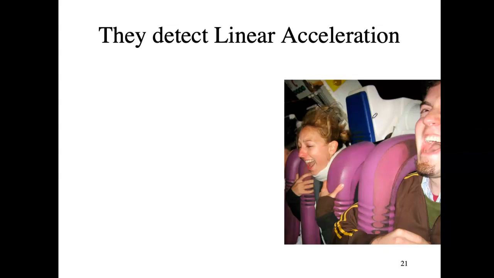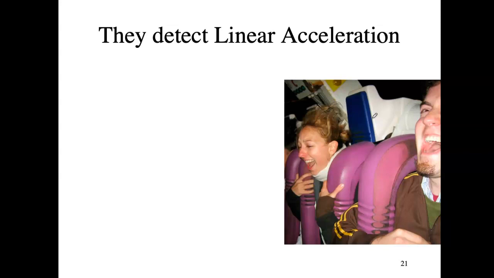Not if you're spinning around, but if you're accelerating in a straight line, then the saccule and the utricle are going to detect this. So these guys here are yelling and screaming because they're at some sort of park. Could be boardwalk. I don't recognize the purple things there. That will shoot you up in the air and then shoot you back down and shoot you up in the air. So that's linear acceleration, not horizontal but vertical, correct?